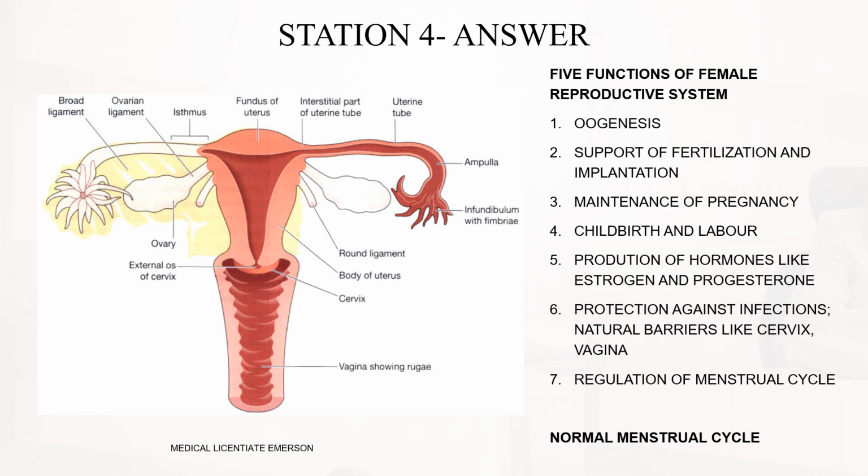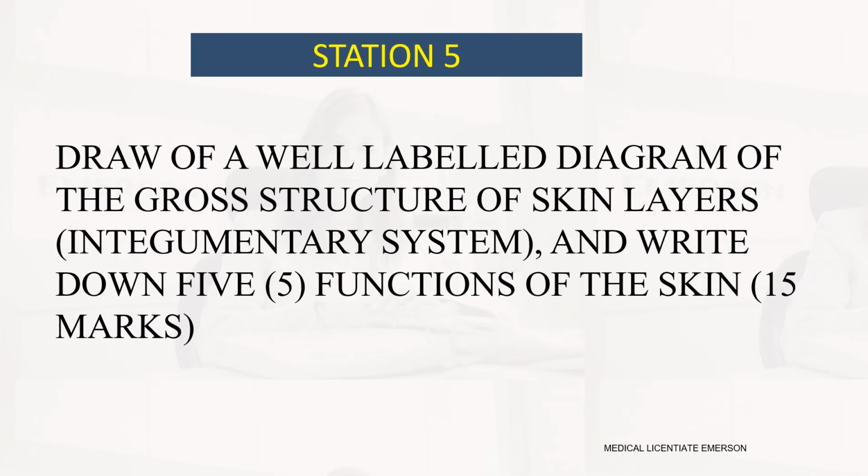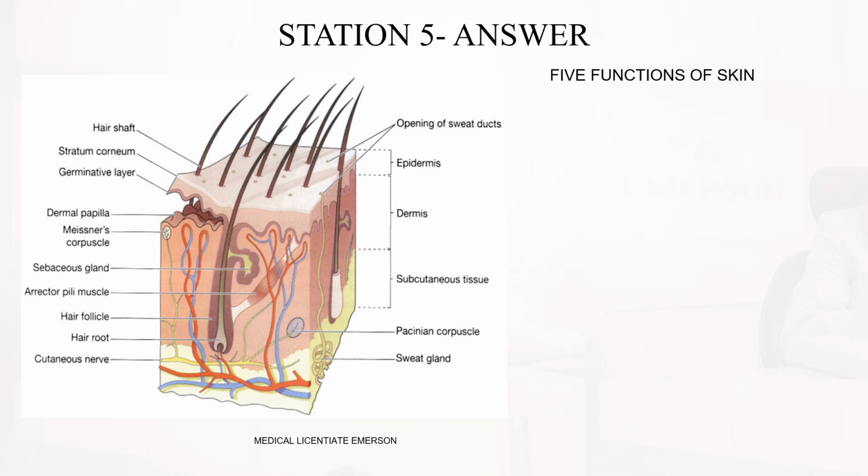Okay, so let's make progress. Session 5. Draw a well-labeled diagram of the structure of the skin layers, or the integumentary system, and write down 5 functions of the skin. So this is the structure of the skin.